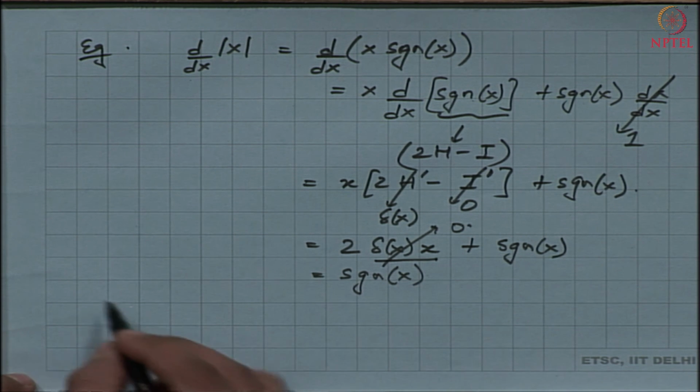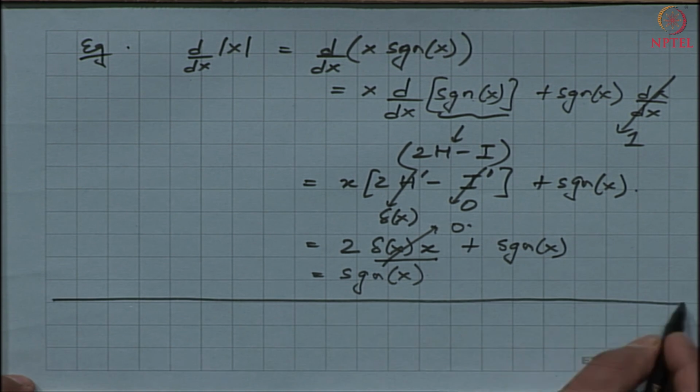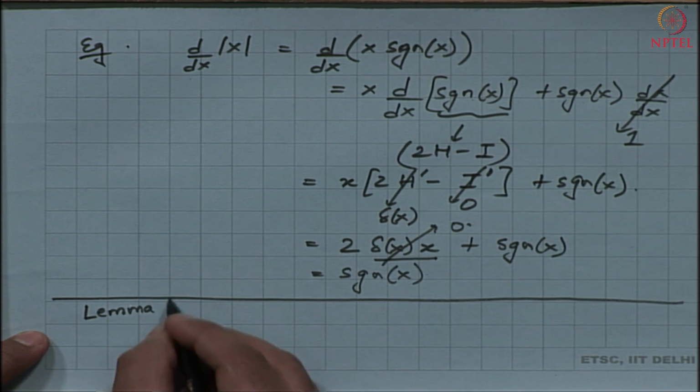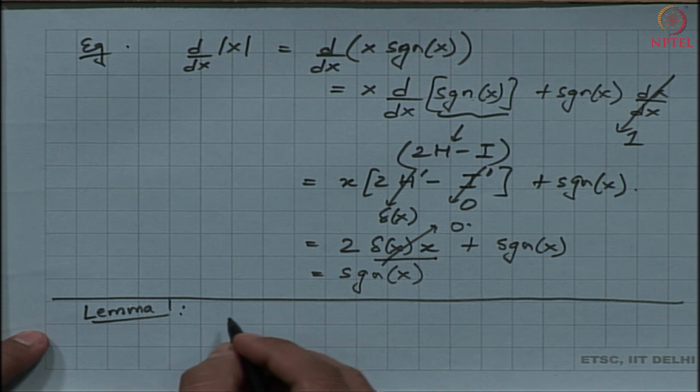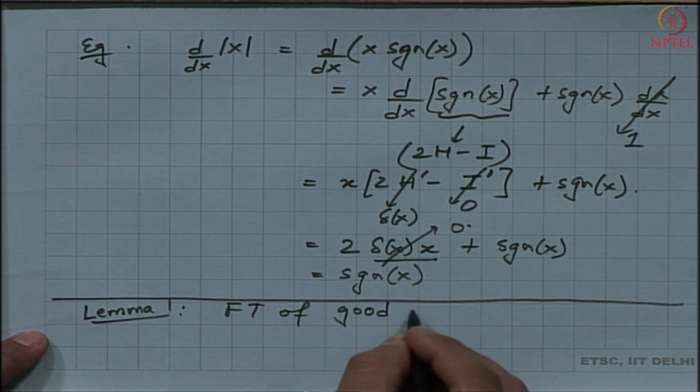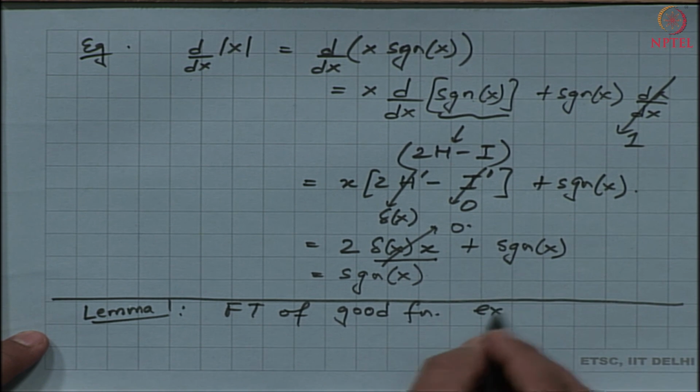Okay. So, let me just wrap up this lecture by highlighting a few of the lemmas that are useful. There is first lemma, the Fourier transform of good functions exists.